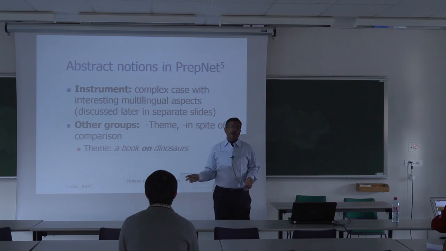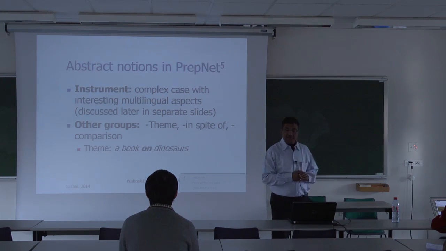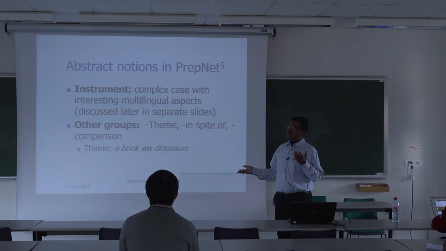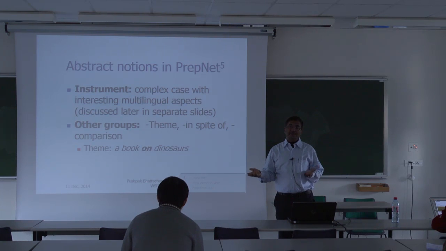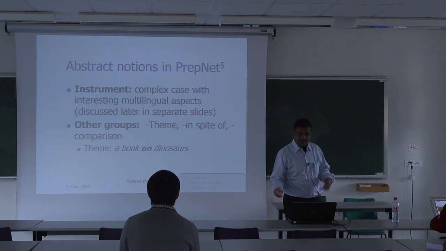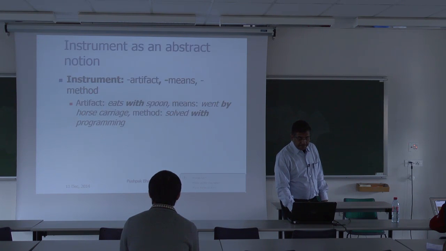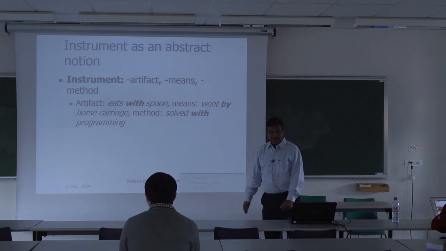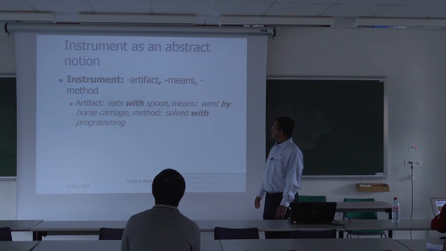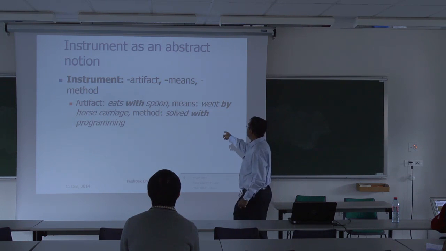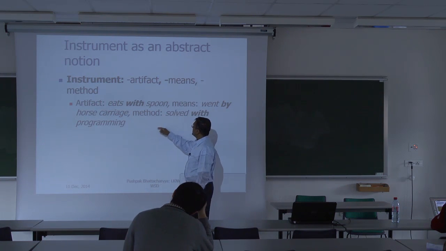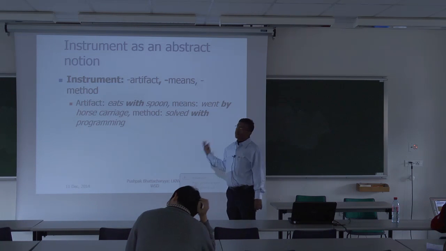So, this shows that the abstract notion is an attempt at classifying prepositions into different groups, and these are critical for semantics, absolutely critical. So, instrument can be artifact, means, or method. Artifact can be eats with spoon, means can be went by horse carriage, method can be solved with programming.